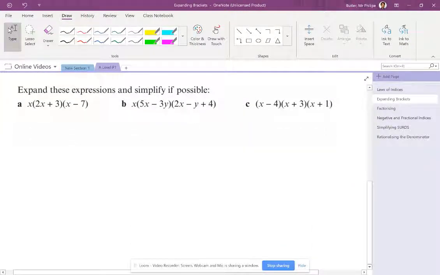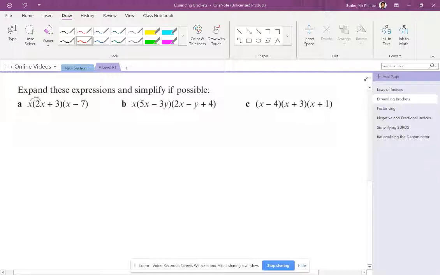Okay. The other examples that are in the textbook are here. So sometimes you've got 3 lots of things that you've got to multiply out. The same rules still always apply. Just once you've multiplied the first lot, you keep those in brackets. Don't get rid of the brackets straight away.